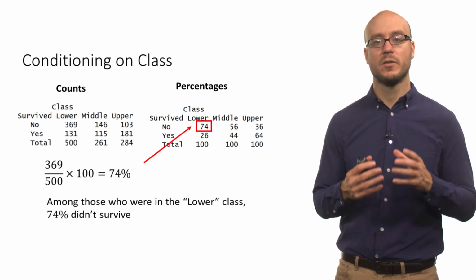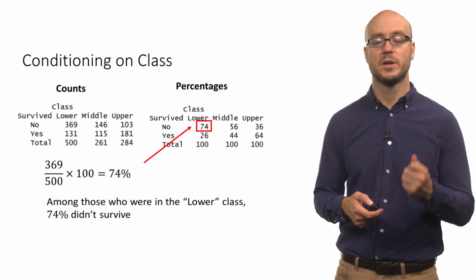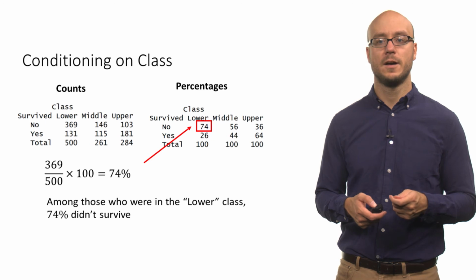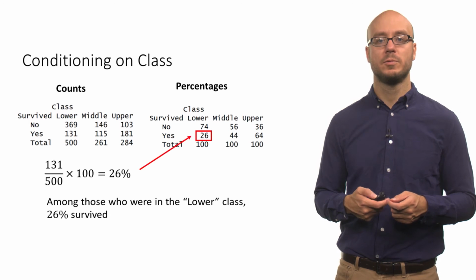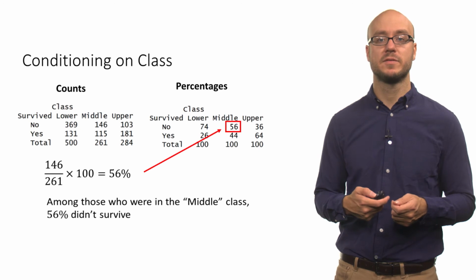This tells us that among those in the lower class, 74% didn't survive. Conditioning on class, among those in the lower class, 26% in fact survived.